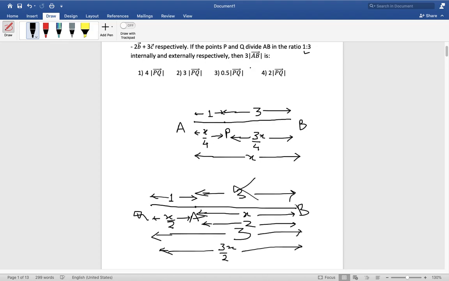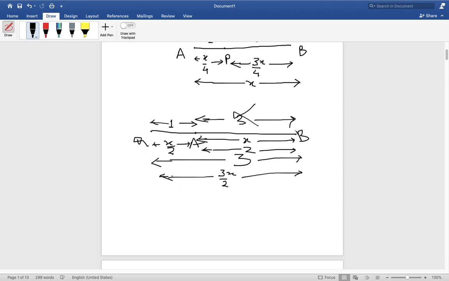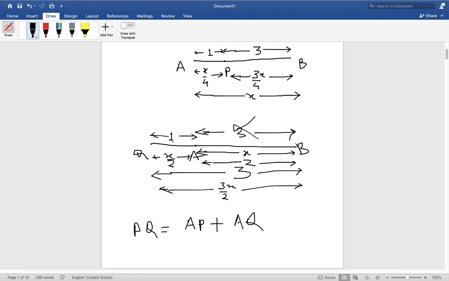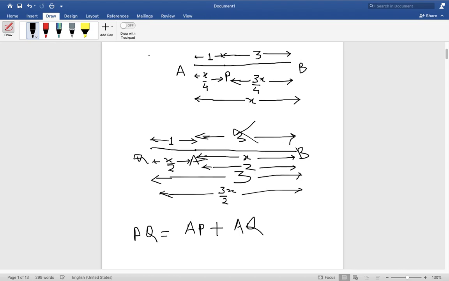Now what do we need to calculate? 3 times AB mod is equal to how many times PQ mod? Let us try to calculate the length of PQ. PQ is what? AP plus AQ. I have done this one in a separate diagram just to make it easy for you, so that it's easy to understand what's going on.